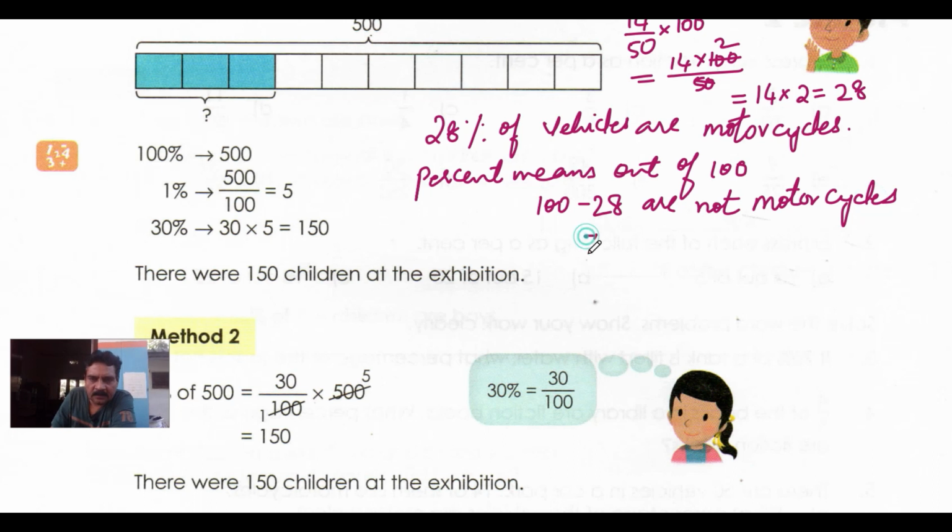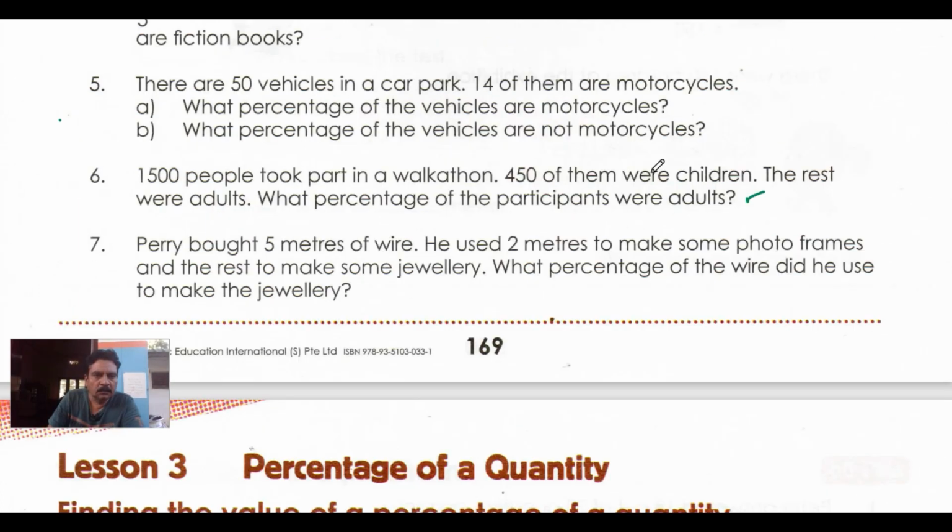That is 72. 72% vehicles are not motorcycles. This is your answer for B. Now the next question.